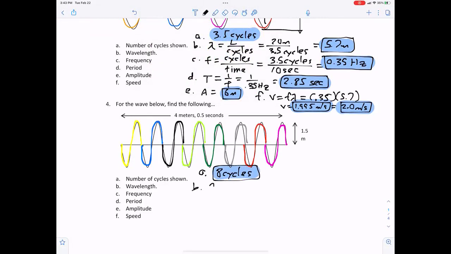Part B, the wavelength again is found by taking the total length divided by the number of cycles. The total length in this case is 4 meters. So 4 meters divided by 8 cycles would be half a meter per cycle, or just half a meter.